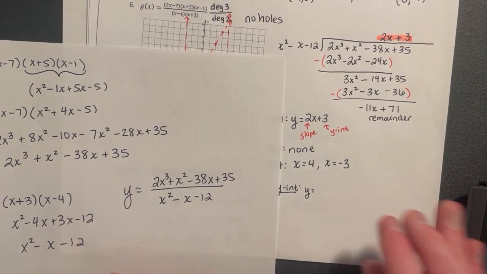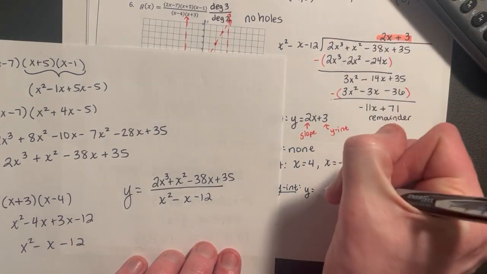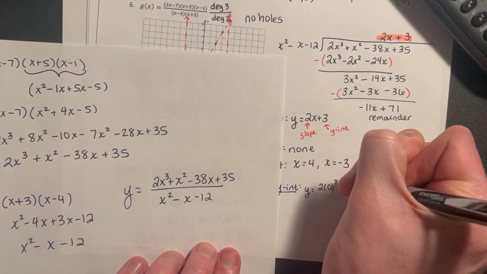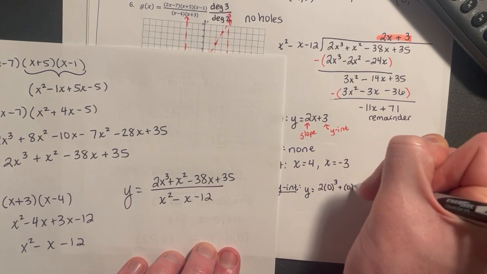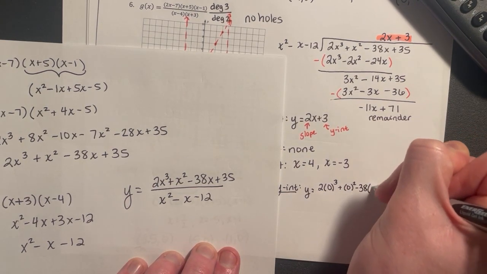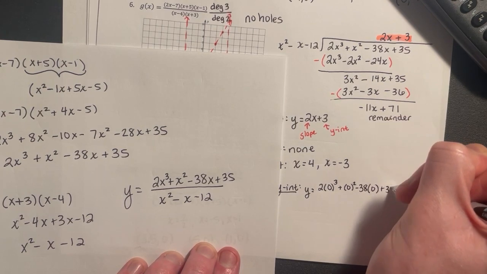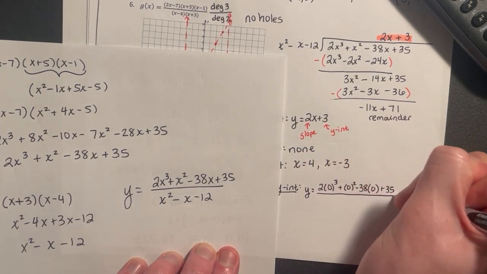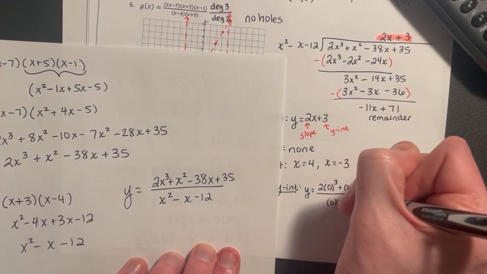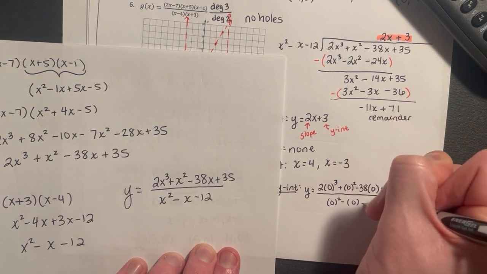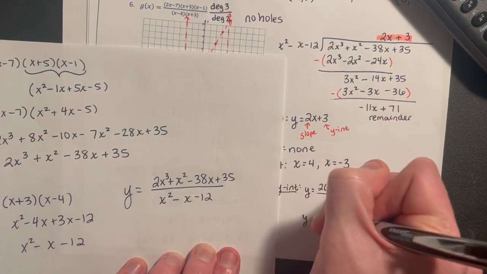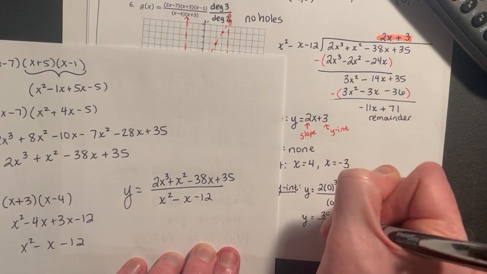But this would make this 2 times 0 cubed plus 0 squared minus 38 times 0 plus 35 over 0 squared minus 0 minus 12, which just makes 35 over 12.